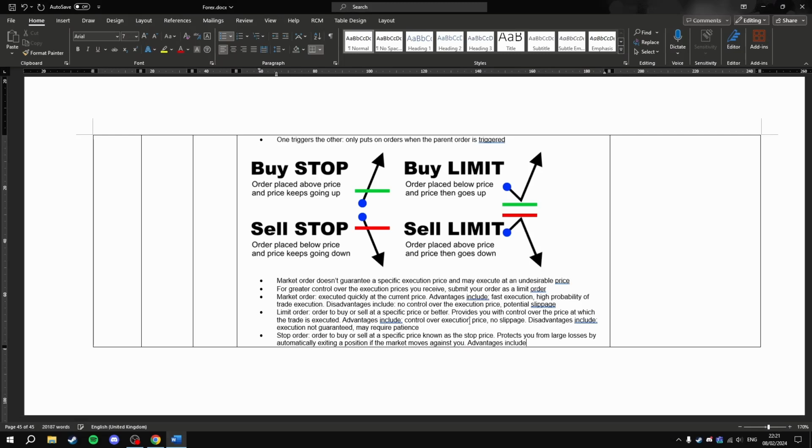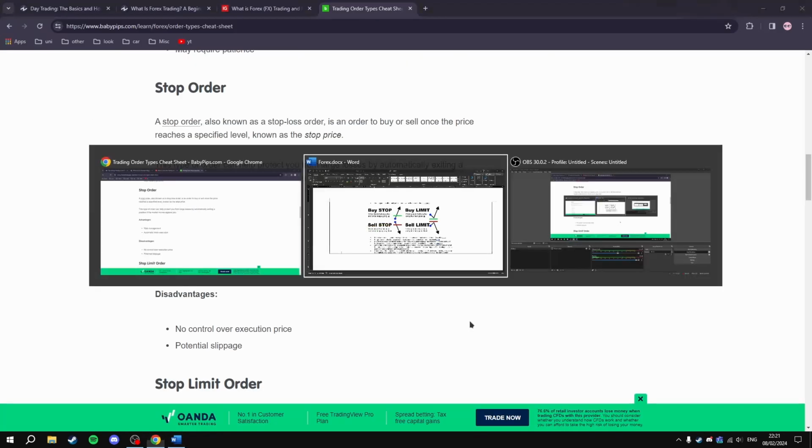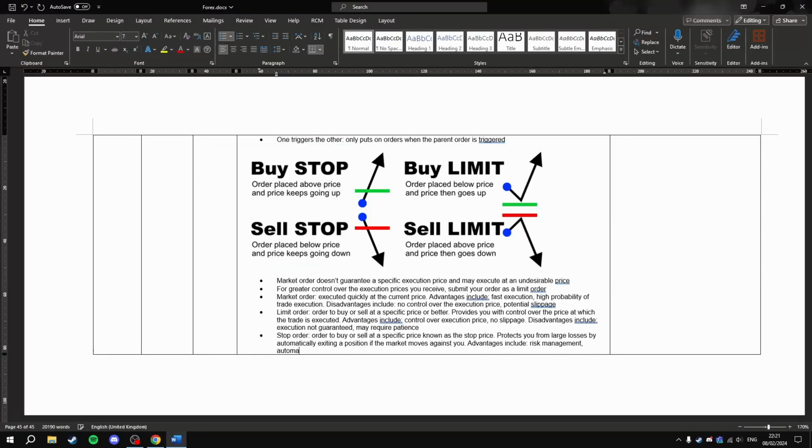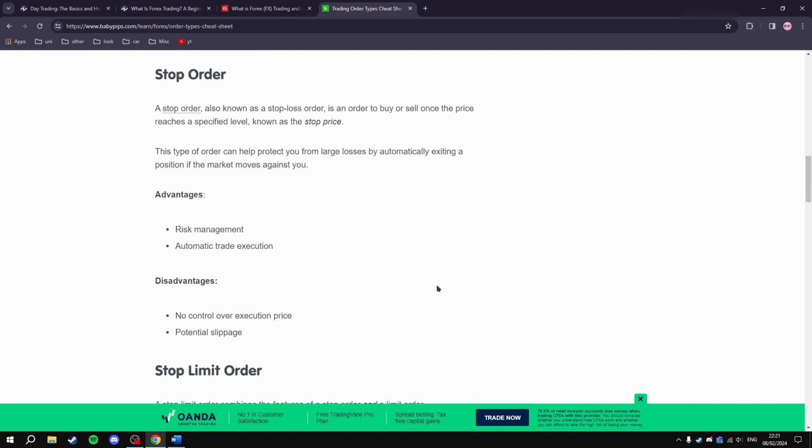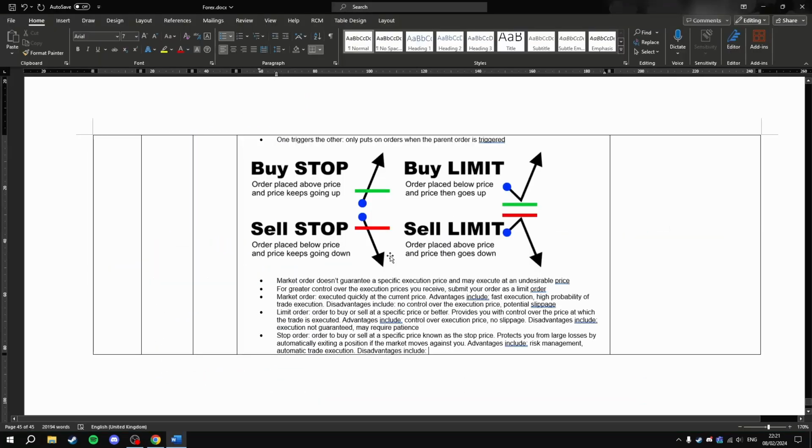Advantages include risk management, automatic trade execution. Disadvantages include no control over execution price, and potential slippage.